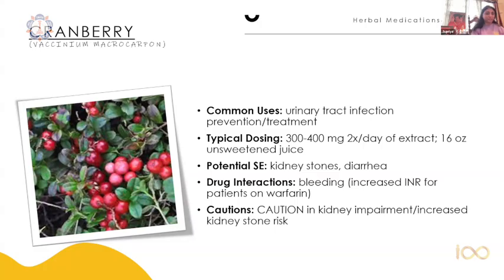So most common uses are going to be UTI prevention and treatment. A potential side effect of this medication, one is diarrhea, like it is with a lot of medications and herbals, but the second is kidney stones, and patients with an existing history of kidney stones should be cautious using it because, especially when you're using it in a stronger pill or the cranberry juice form, the plain cranberry juice has a high concentration of oxalate, and that can bind with calcium in your body, and that can cause calcium oxalate kidney stones.